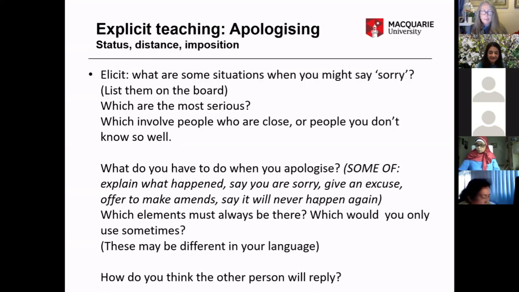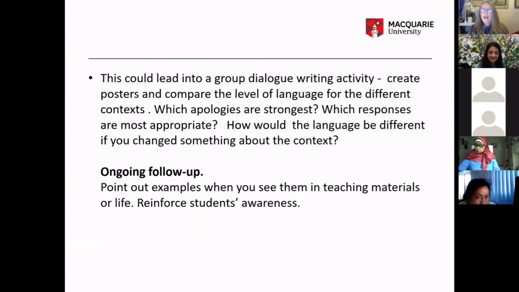And then you have to think about how you can reinforce this. So it might be something like a group dialogue writing activity. Maybe the students create posters and they compare the level of language for the different contexts, like which apologies are the strongest, which responses are the most appropriate, and how would the language be different if you change something in the context.